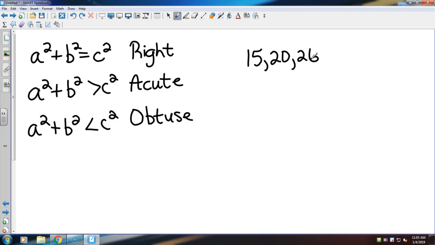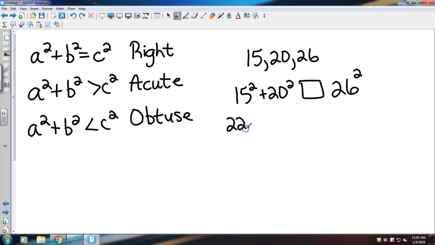So this is going to be, is 15 squared plus 20 squared, and I'm not going to put an equal sign, I'm going to put a box to fill in. We're going to fill that in here in just a minute. So 15 squared is 225. 20 squared is 400. Got my little box, kind of like my check yes or no box.